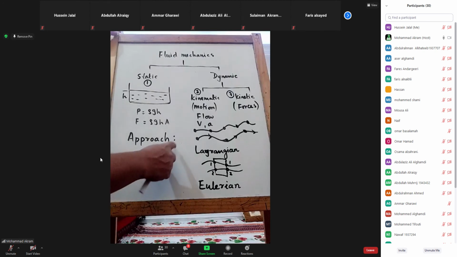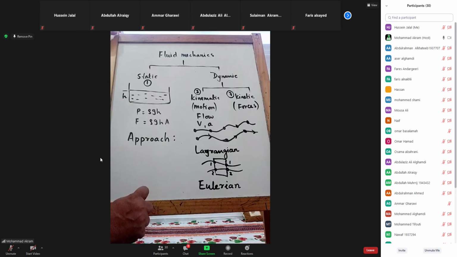If the number of particles is high, we cannot focus on each individual particle, so we need to focus on particular areas. How much will the area be? That will be decided by the analyst who is studying that particular flow.